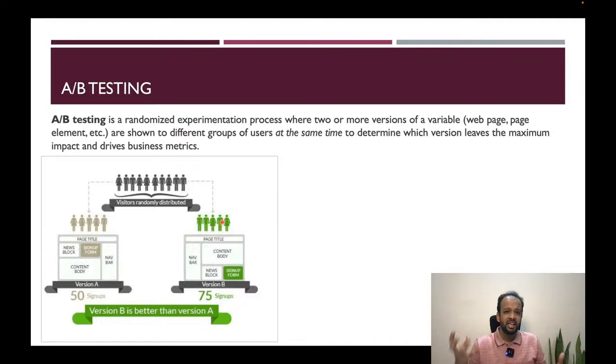There will be an equal distribution given a large sample size. So always make sure that your visitors are randomly distributed. That is very important for actually saying which version is better.